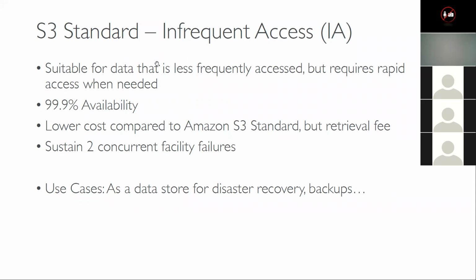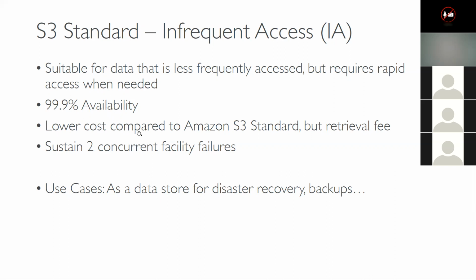Next, infrequent access. The simple case for this is you should not access it for 60 days. It is suitable for data that is less frequently accessed but requires rapid access. It has 99.9% availability, which means about 8 hours of downtime.